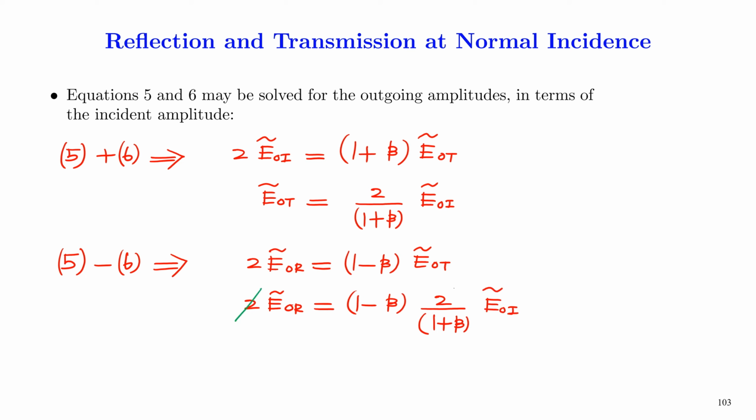The 2 and 2 get cancelled and we get the expression for the reflected electric field as equal to (1 minus beta) divided by (1 plus beta) times E_0I.